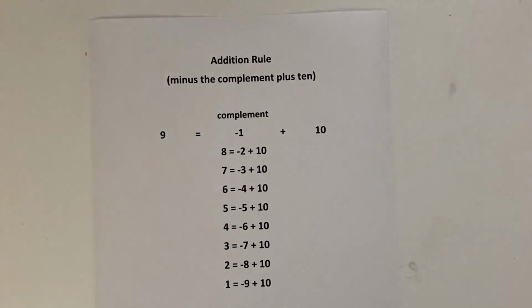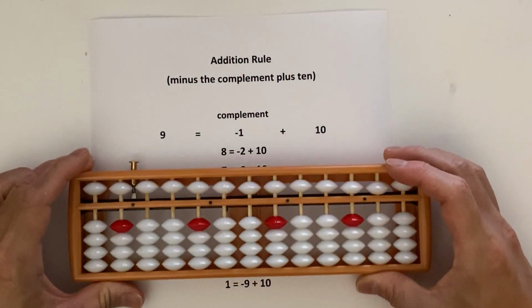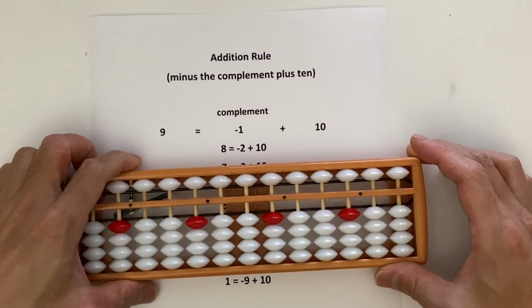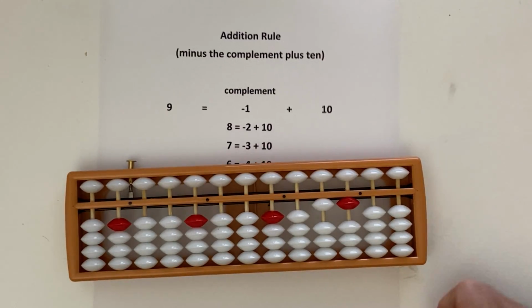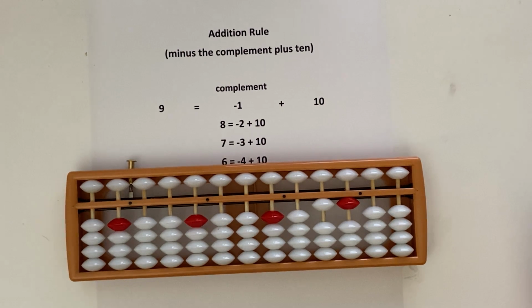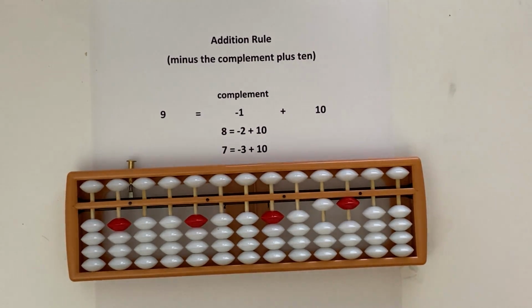And so in our example, we have 11, and then we would like to add 9. We know that there are not enough beats to work on, and so we have to follow this addition rule, and the rule is minus the complement plus 10.